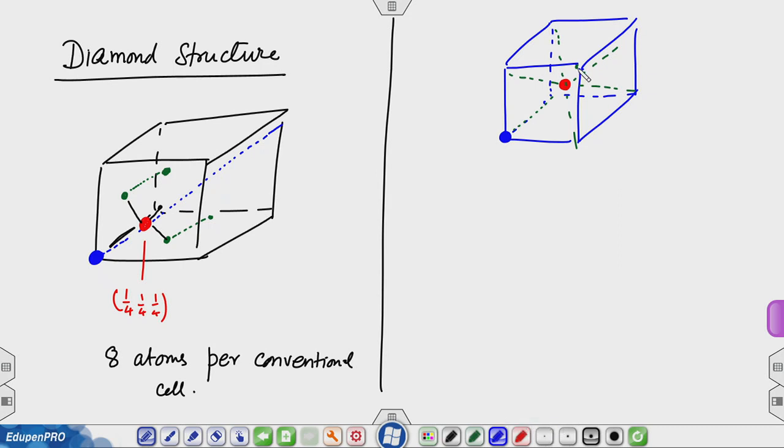So, other one would be right here, third one would be right here, and the fourth one over here. Let us see, this is right opposite this diagonal, so it is not going to be here, it is going to be somewhere else. I am going to go to alternate side.